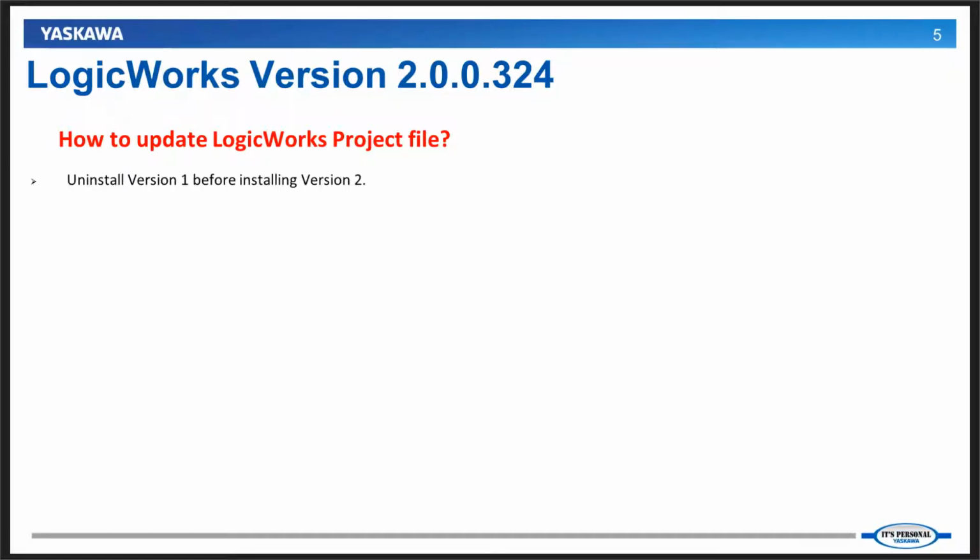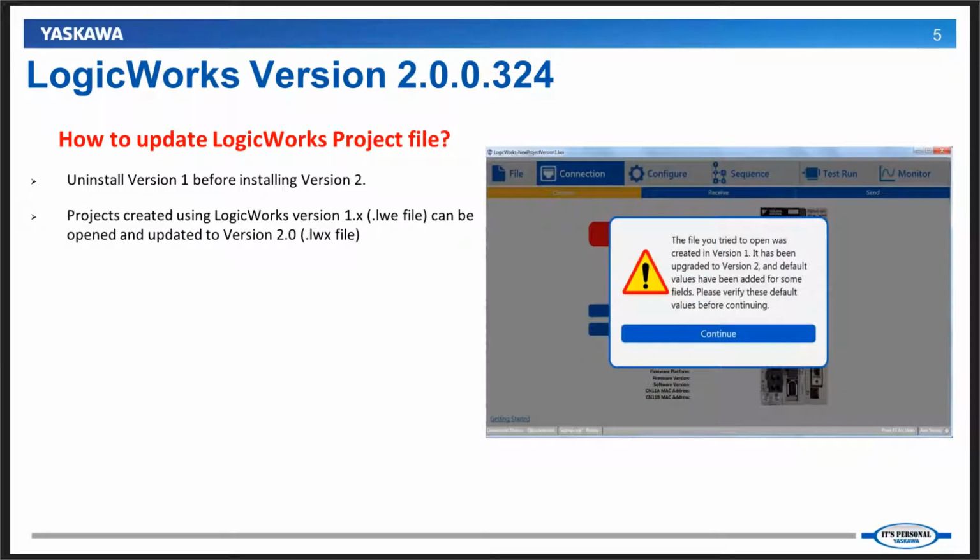First, if you have a Logicworks version 1 file, how do you go about updating to version 2? First, you have to uninstall any version 1 software off of your computer if you already installed Logicworks before installing version 2. Once you install the software, open the software and navigate to your Logicworks version 1 file and open the project as you normally would.